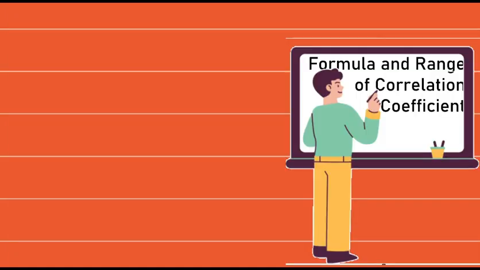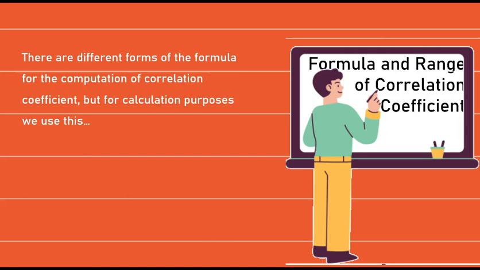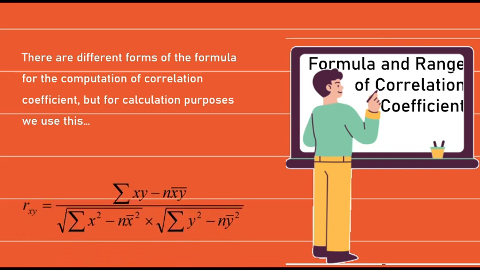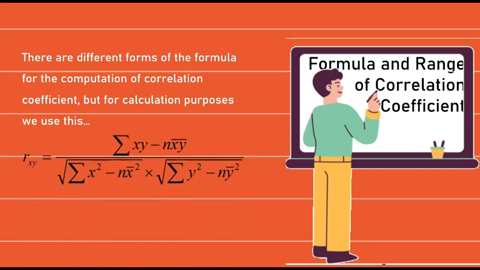We'll see soon. Now let us see the formula of the correlation coefficient. It is the same formula, but you will find in different texts it is presented in different forms. The formula that we will be using is this one. It is very easy to compute, even manually, and relatively easy to understand.